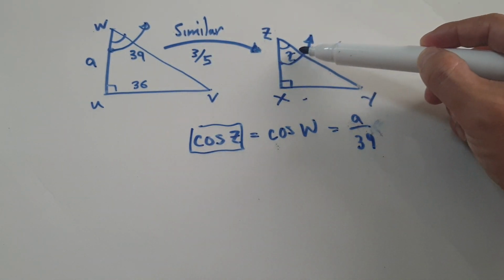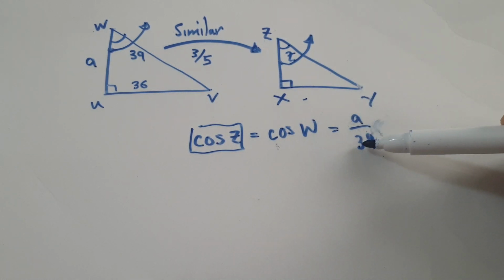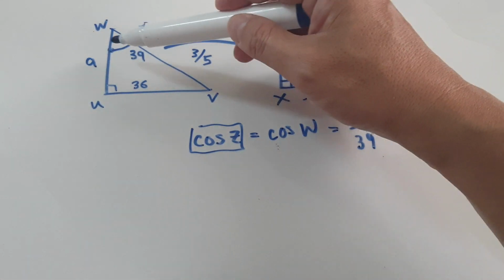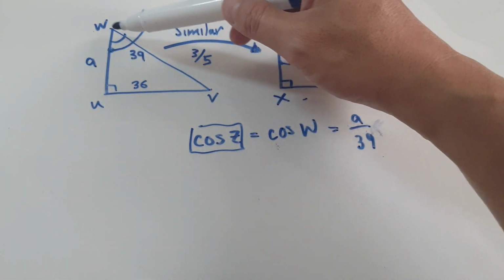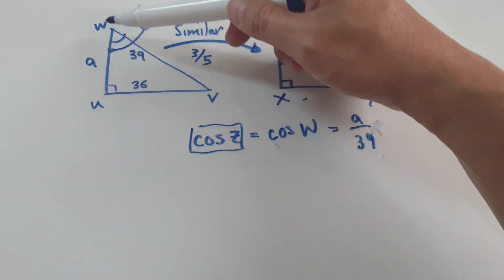So finding out cos z is the same as getting a divided by 39, because cos of this is the same as cos of that, and cos of that is really a divided by 39. So it all boils down to you trying to figure out this length a.